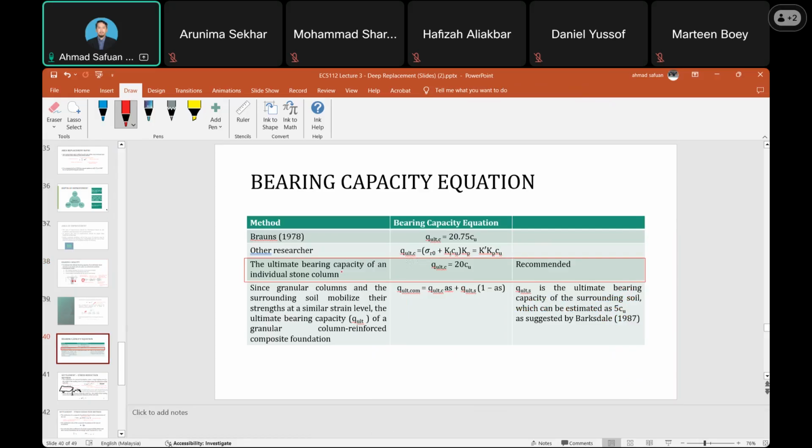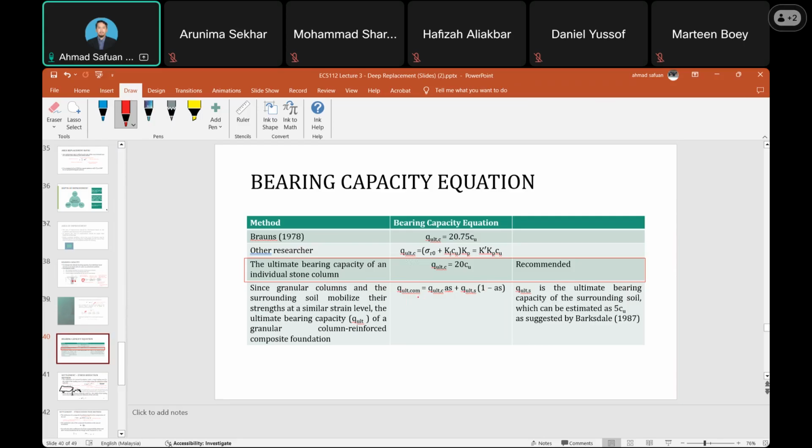Since it's recommended that the granular column and the surroundings mobilize their strength at a similar strength level, the ultimate bearing capacity of a granular column reinforced composite foundation can be determined based on this equation: Q ultimate of the column times the improvement area, plus Q ultimate of the soil times 1 minus the improvement area.